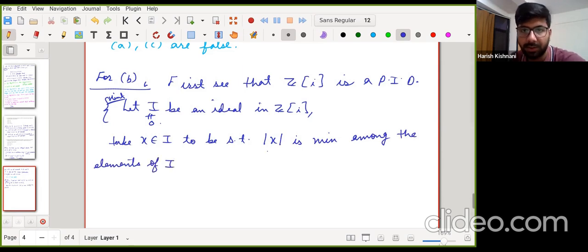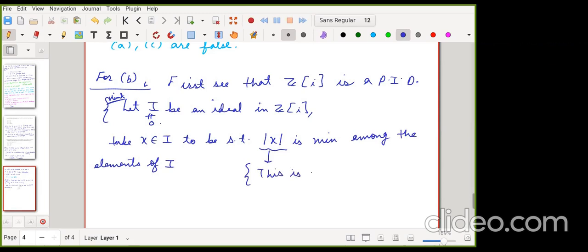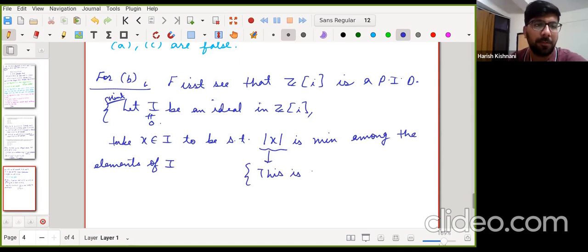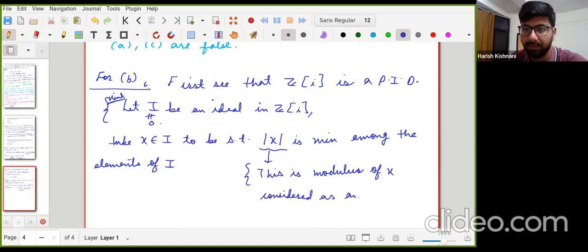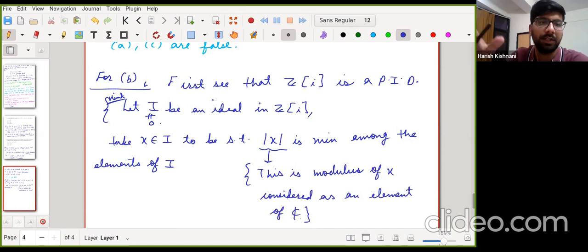And what I mean by this norm, this is a squared plus b squared. Yes. So this is just the modulus of x considered as an element of C, because Z[i] is contained in C, so you just take it as an element of C and take the modulus of it.